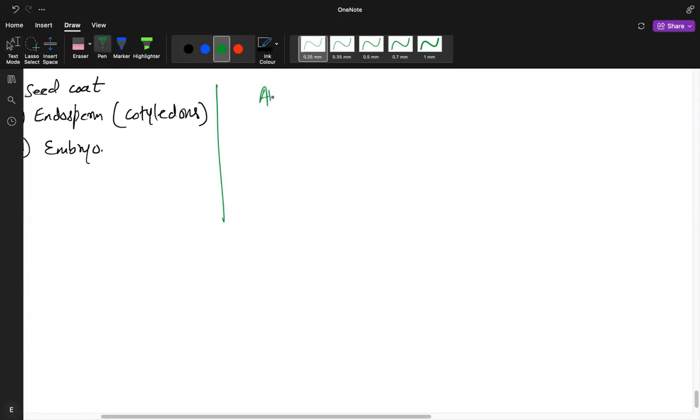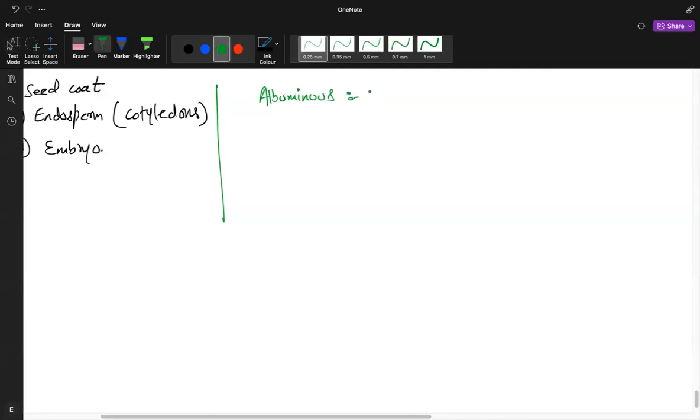So if I say that a seed is albuminous, it means that it has endosperm. It has retained some part of endosperm during the embryo development, so that when the seed is ready and developed, still it has some endosperm in it.